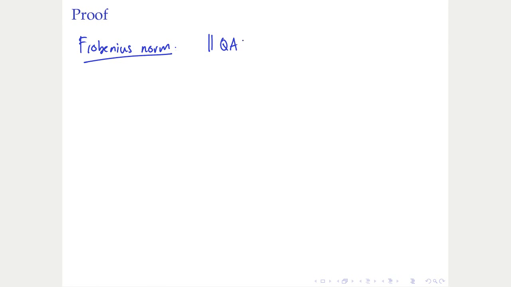So the Frobenius norm of QA is equal to... okay, so I'm going to write my A out in columns again. It's often a very helpful thing to do. We've got n of them. That is equal to... remember, you can take the Q inside.